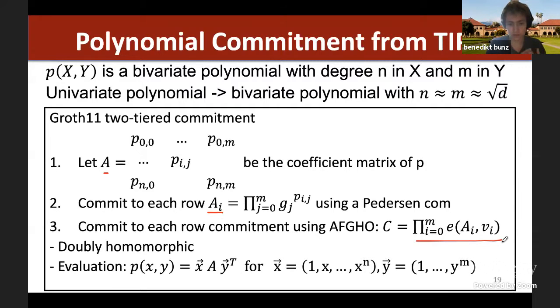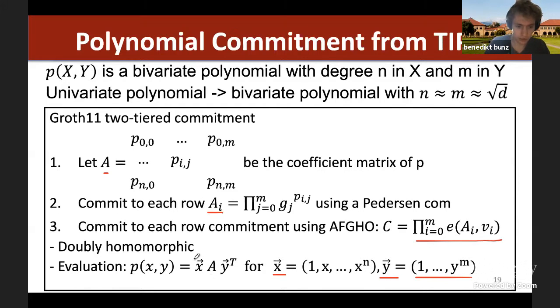And if we want to evaluate the polynomial at a point x comma y, well, then this is simply a vector matrix vector product using the vector x, which is the monomials of the evaluation point x, and the vector y, which consists of the monomials of the evaluation point y.